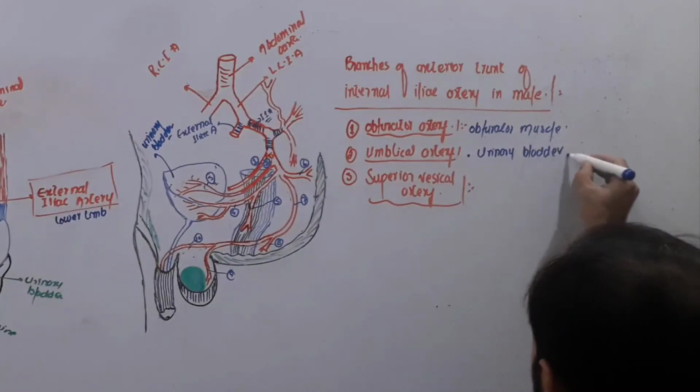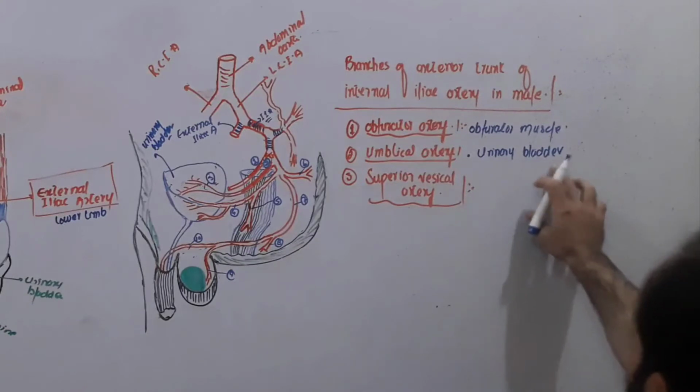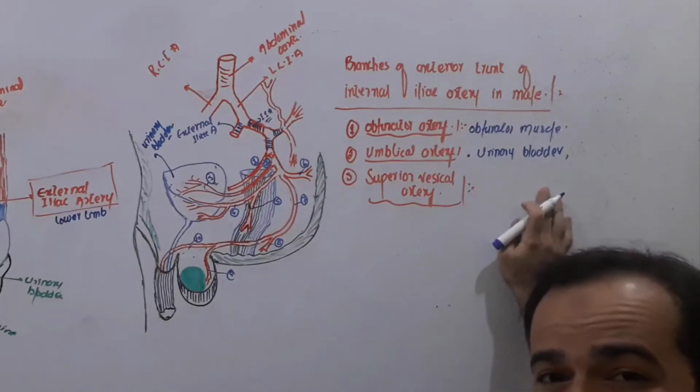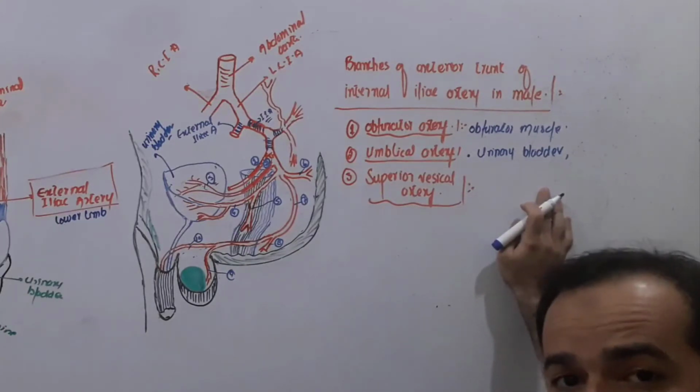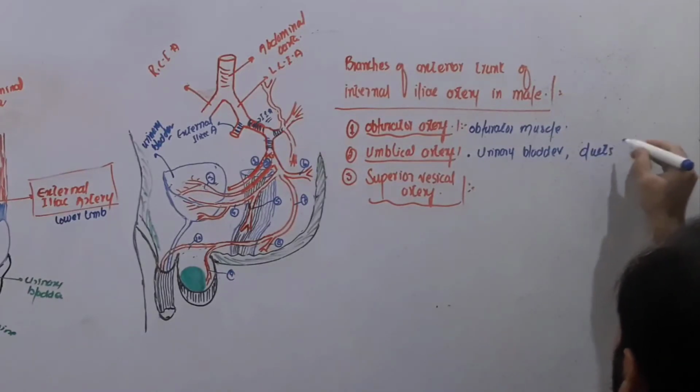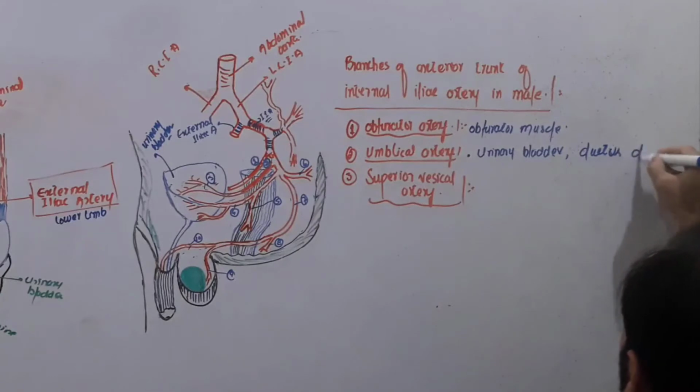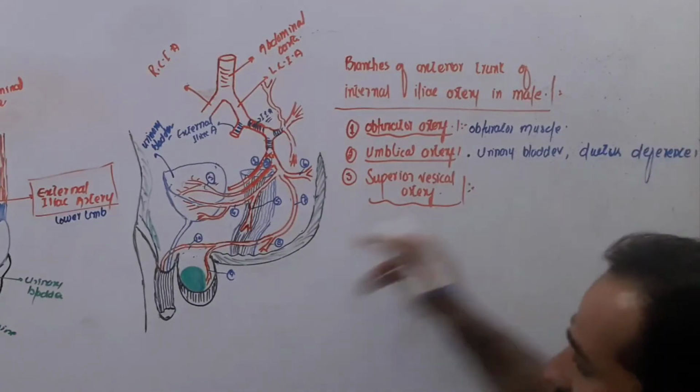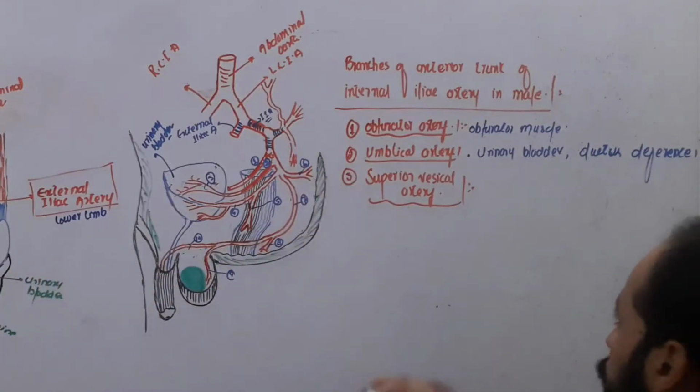Urinary bladder. It is also responsible to give branches to the ductus deferens in males, right? In case of females, I have discussed it separately. You can watch those lectures.